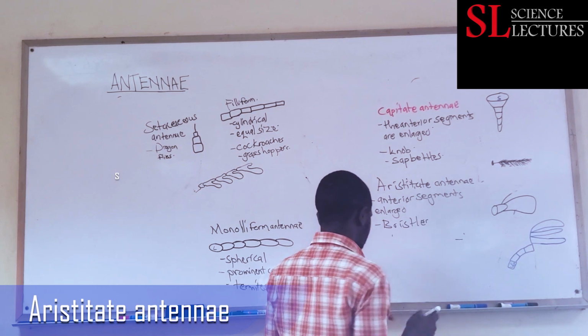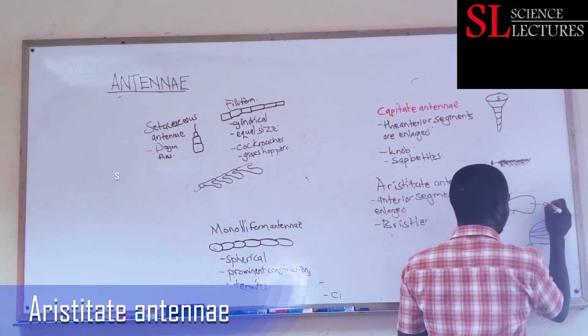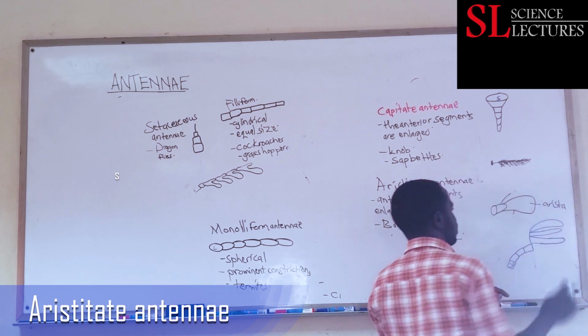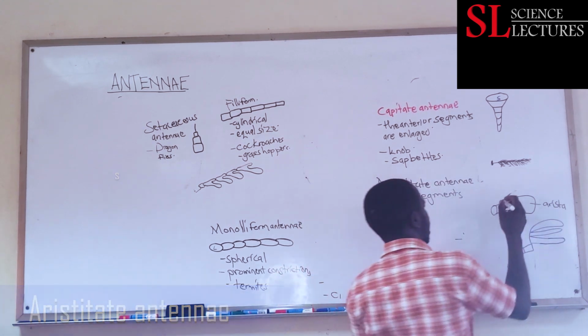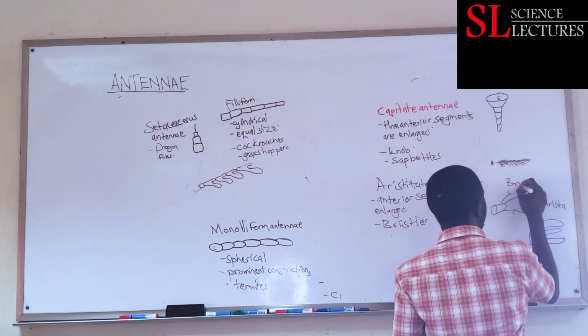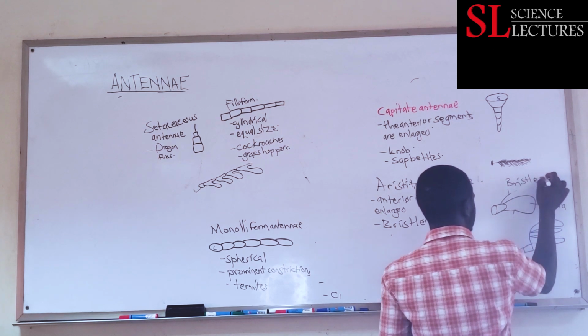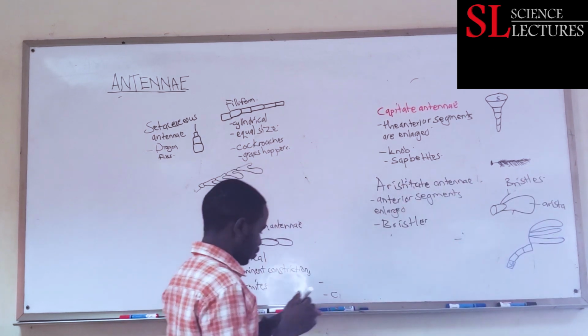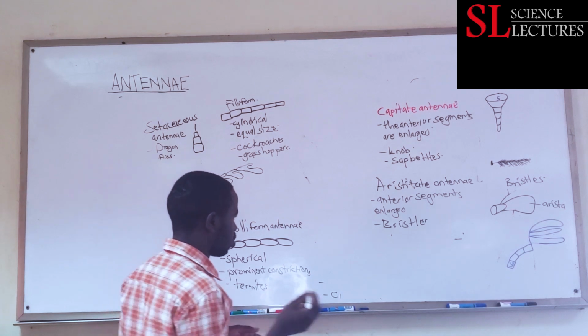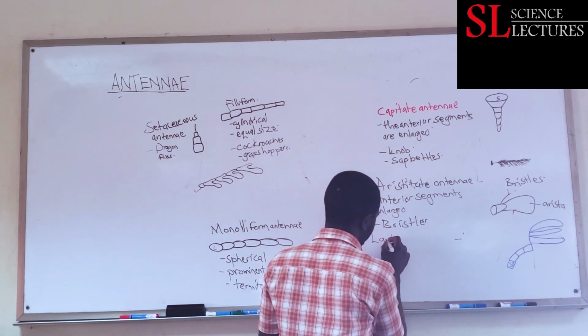The segments are enlarged to form what we call the arista, and on the side you have what they call bristles.